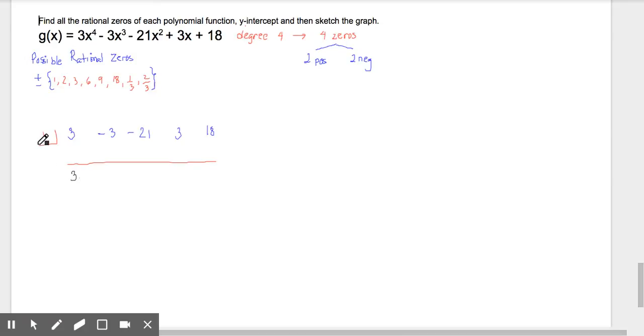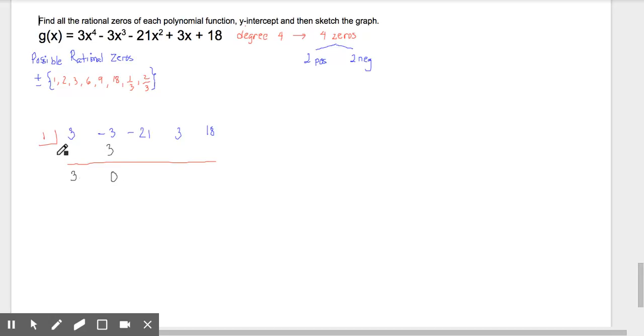We multiply by 1. We put the answer here. Then we add and we get 0. We have to continue all the way here. When we get a 0 here, then we find a 0. We found a 0 here in the second term.